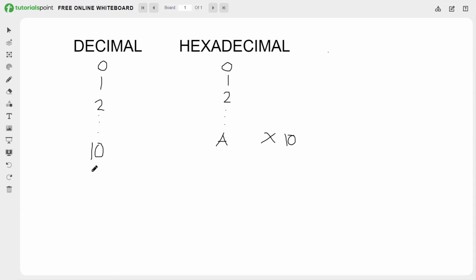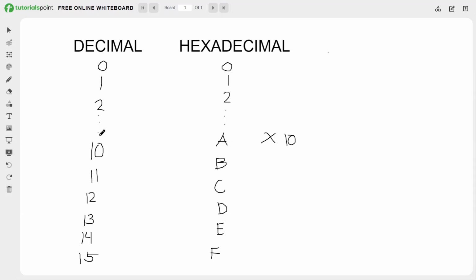Then we proceed to decimal 11, which is equivalent to B. 12 is equivalent to C. 13 is D. 14 corresponds to E. And lastly, 15 corresponds to F.